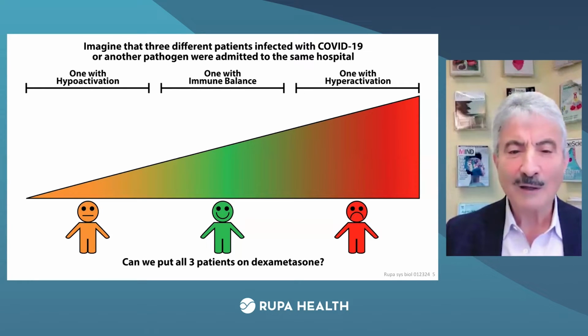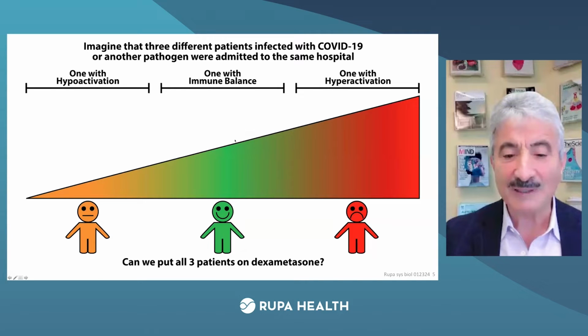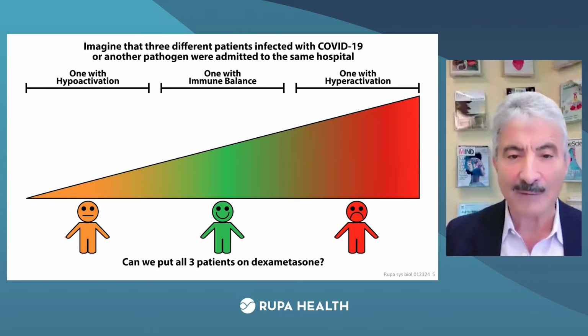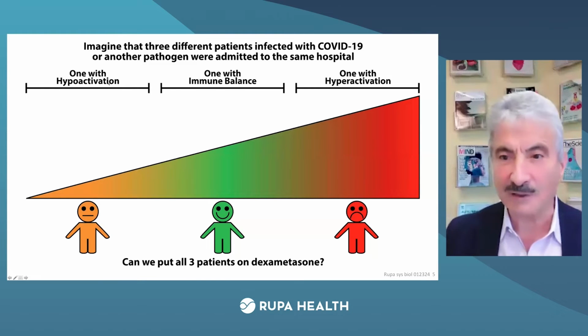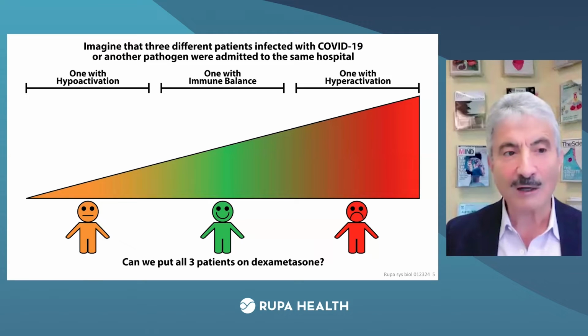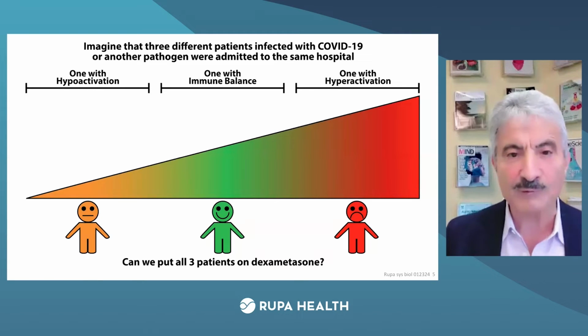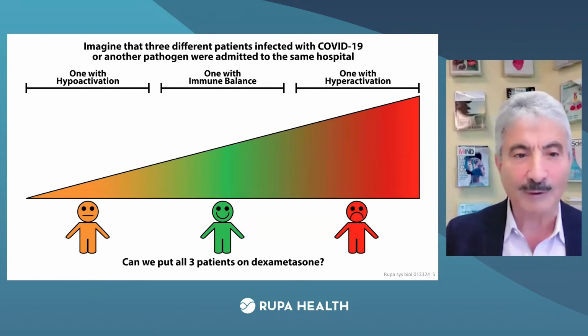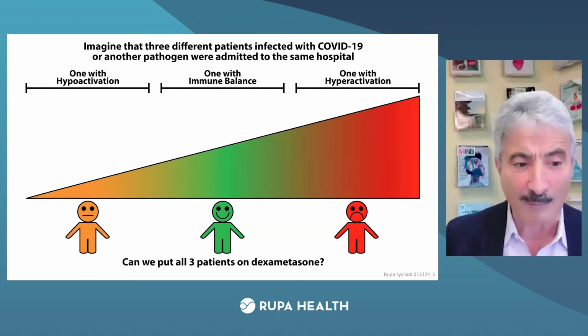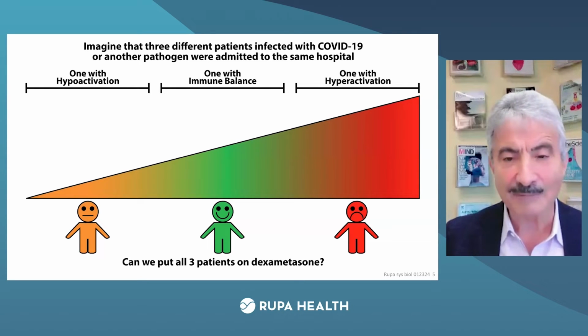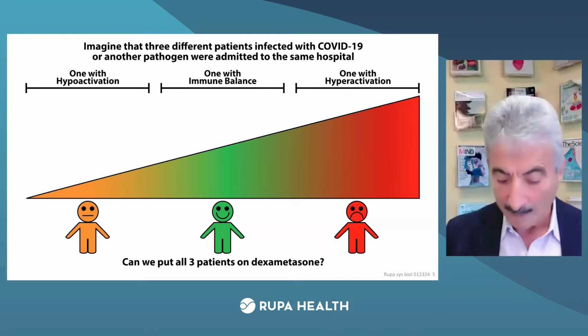But the one with a completely balanced immune system, I don't think we need to do anything, because the immune system is going to take care of the virus. And furthermore, the one with hypoactivation of the immune system, if we further suppress the immune system, there is no doubt there is a potential for harm in this individual.